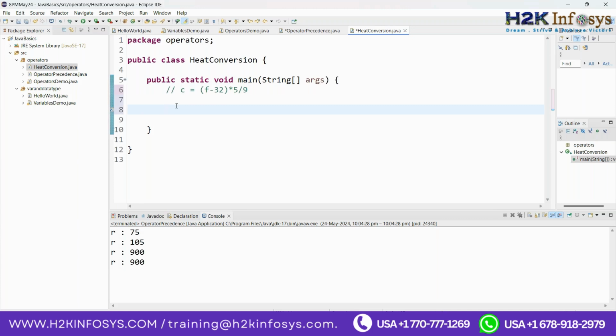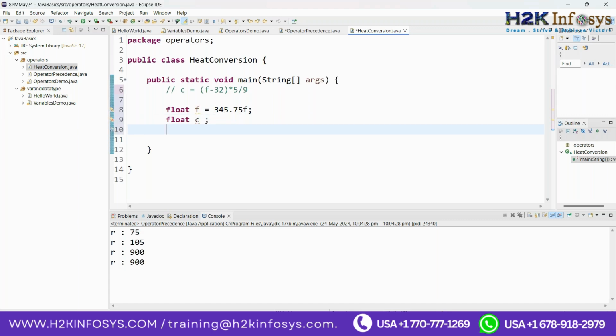So I will take it as a float, because temperatures we may not see in integers. We may say 0.5s also. For example, float F value, that means Fahrenheit value, let's say 345.75. Assume degrees for now. Now what I want to calculate is the centigrade equivalent, which may be float as well.